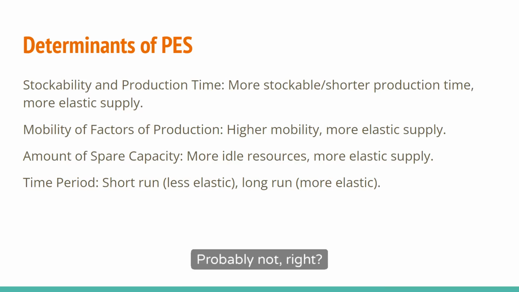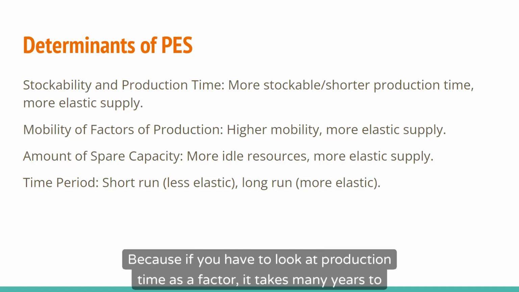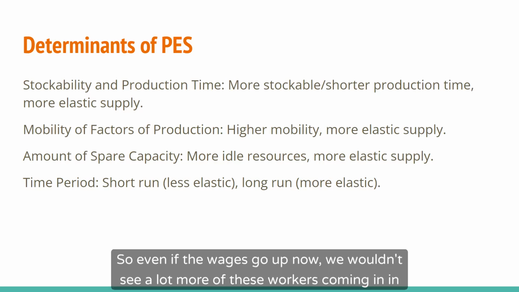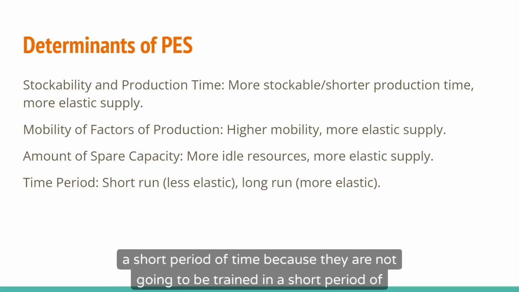Probably not, right? Because if you look at production time as a factor, it takes many years to train these professionals. So even if the wages go up now, we wouldn't see a lot more of these workers coming in a short period of time because they are not going to be trained in a short period of time, right?